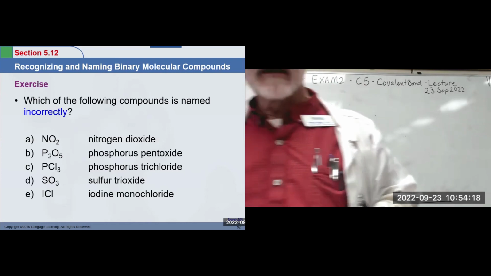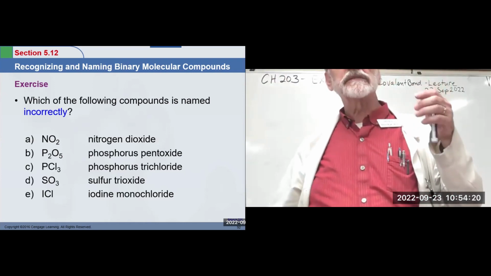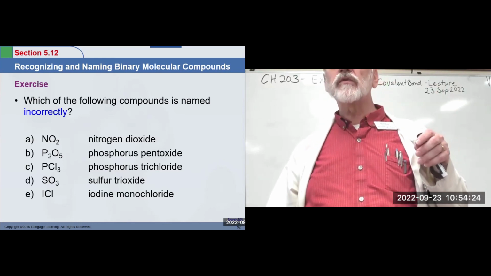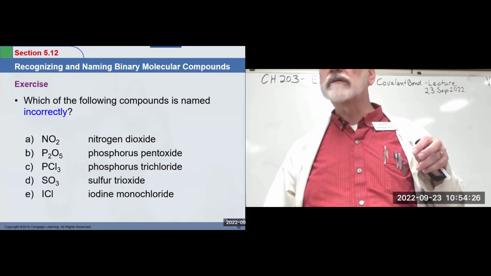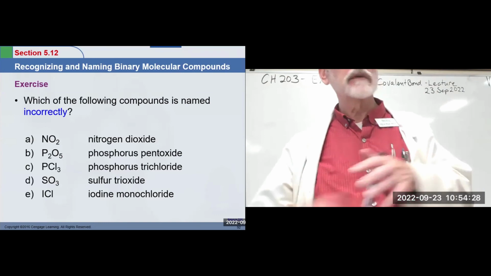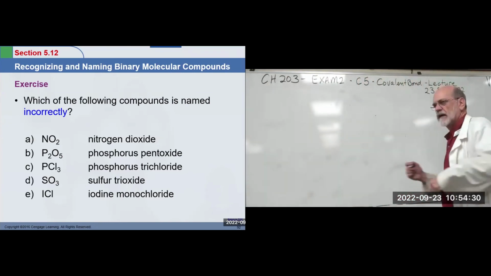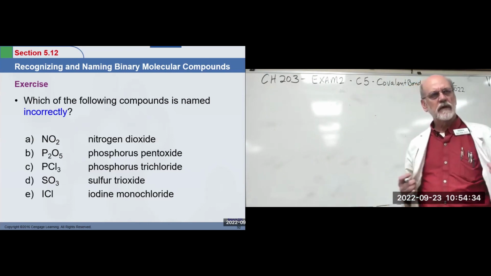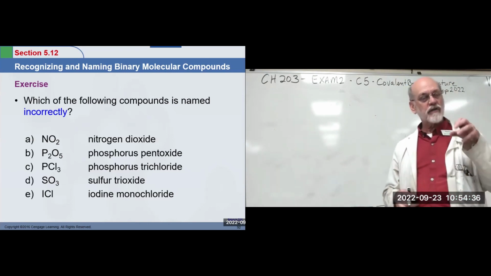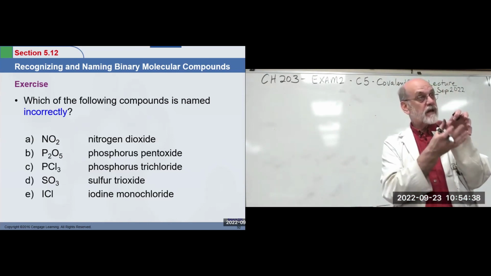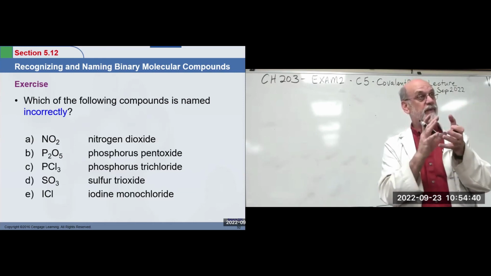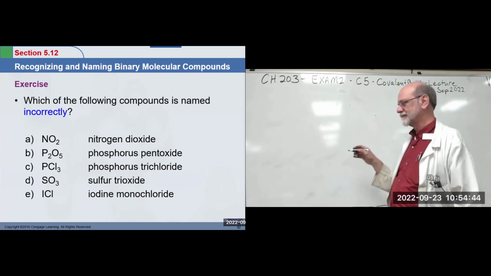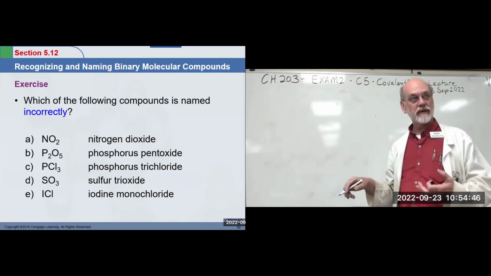Okay. Did I mention, let's see, we covered everything, but what do you do with waters of hydration? Did I mention that one? I didn't. Okay. So if we have a compound that has some water attached to it, but it's not part of the molecular structure of the compound, we write the water separately.